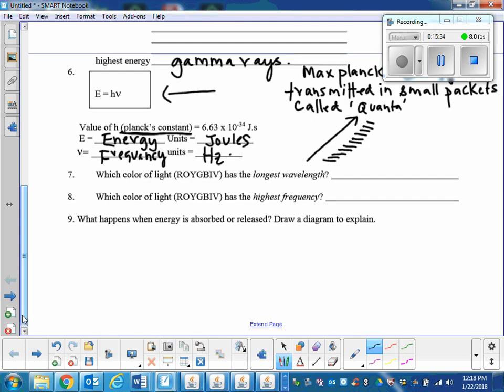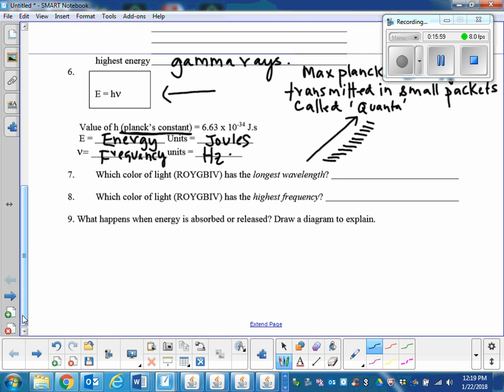So let's go to the visible region of the spectrum. In the electromagnetic spectrum, we human beings are very limited in our ability to see. We can only see the visible region of the spectrum. If waves are given out in other regions, then we are not able to see them.